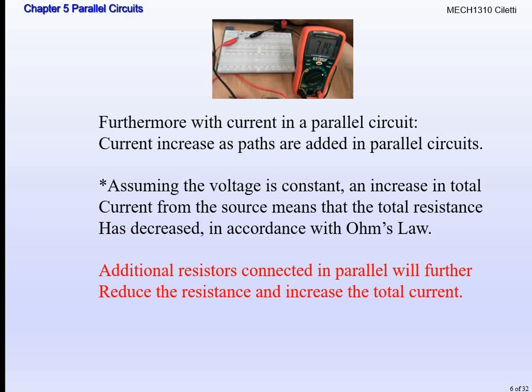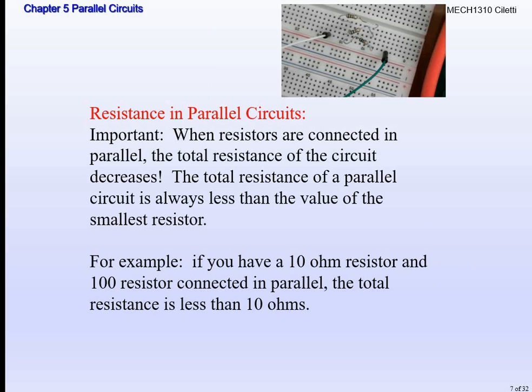All right, and that's a way that we can solve the circuits and know if we did it right. The total resistance in a parallel circuit will always be less than the smallest resistor in parallel. I'm going to repeat that again as we do a problem so that you can see it. Adding more resistors in parallel actually lowers the total resistance, which increases the current.